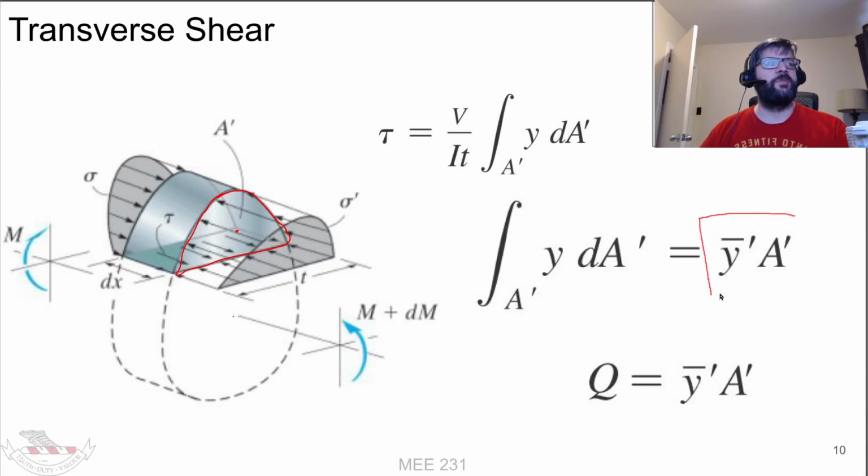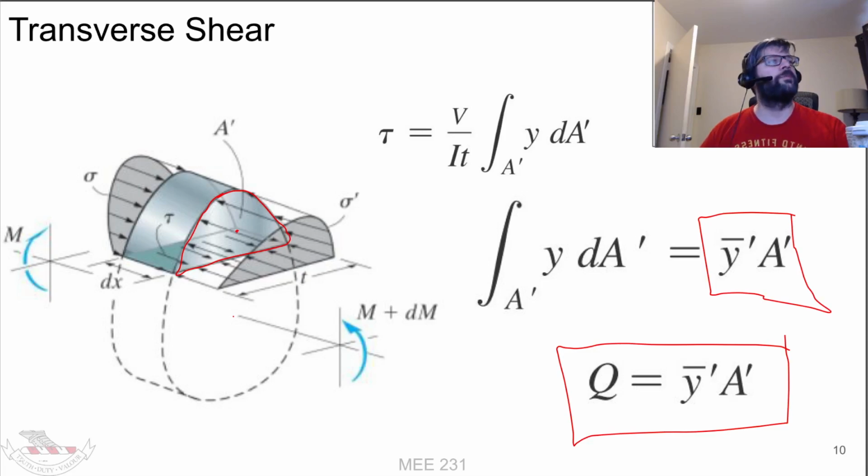We called that Q, and we're still going to call it Q. So Q is just equal to the y bar times the area.